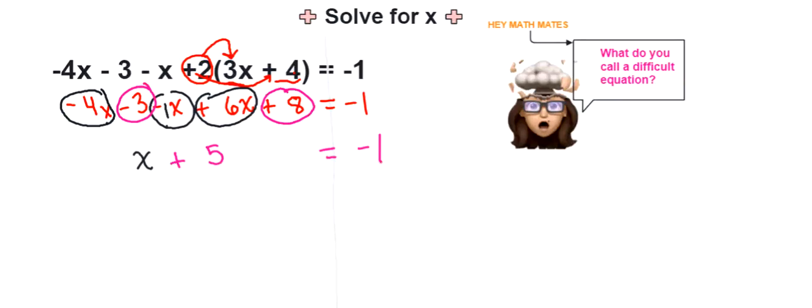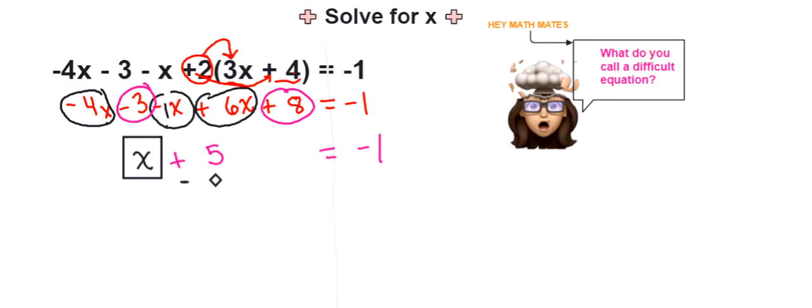Am I done with this problem? No, because I want to get x by itself. I don't want x plus 5. We want to take this x and get it by itself, which means the +5 needs to move to the other side of the equation. And how do we do that? We subtract.